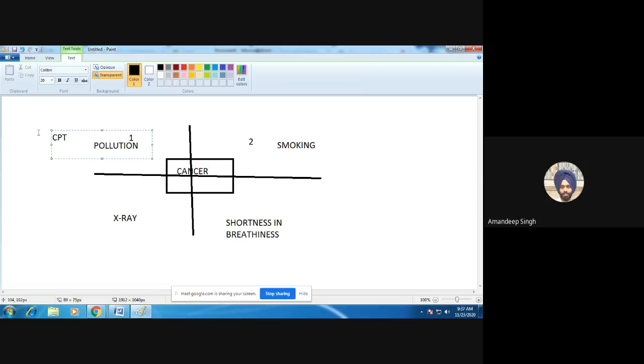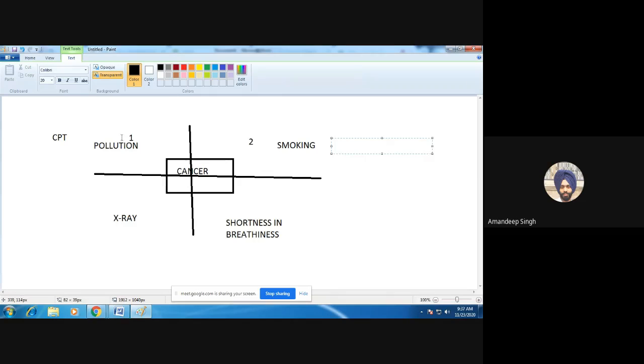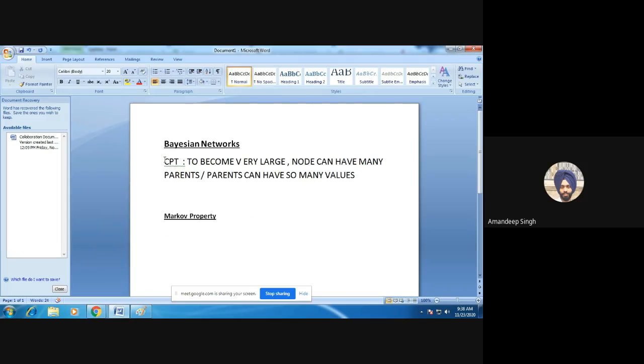If you might remember, we generated the tables for CPTs, and we tried to compute the probabilities of having cancer with respect to pollution, smoking, and X-rays. That is what we were discussing when generating the CPTs.